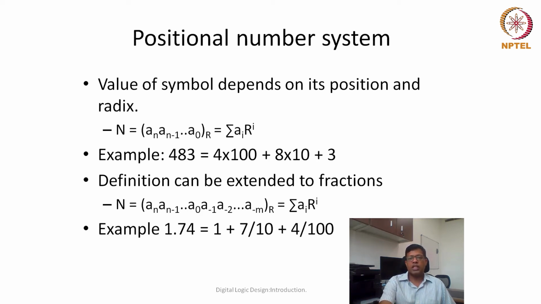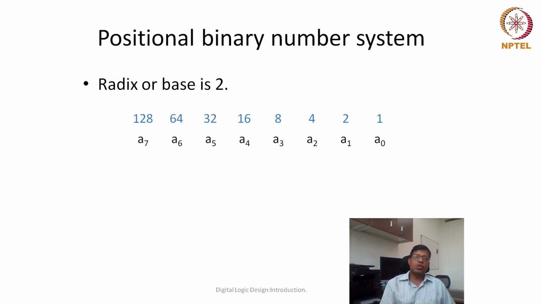So let us see it using this example. When the radix or base is 2, then it is a binary system. The total number of symbols available to us is only 2, that means 0 or 1.